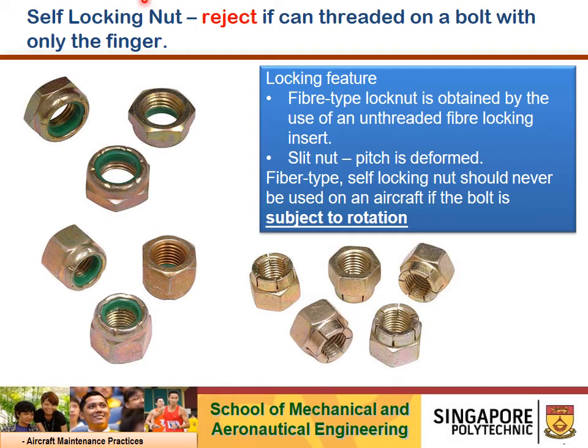So if I say again, if you can use your finger to rotate the nut all the way to the root of the threaded part of the bolt, then this self-locking nut will require replacement. And if you can only tighten with a few turns, then the self-locking nut can be reused.